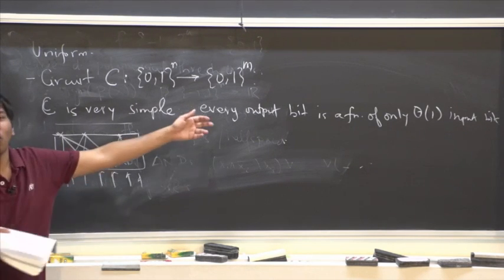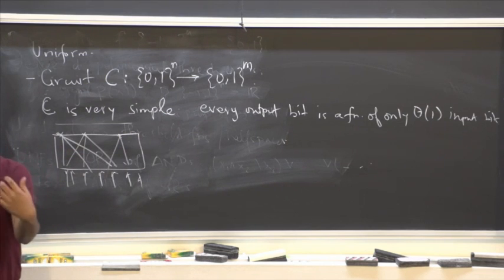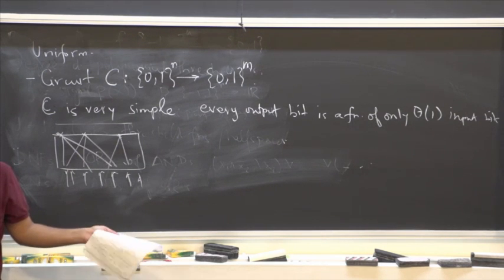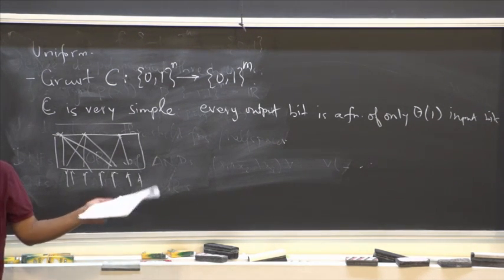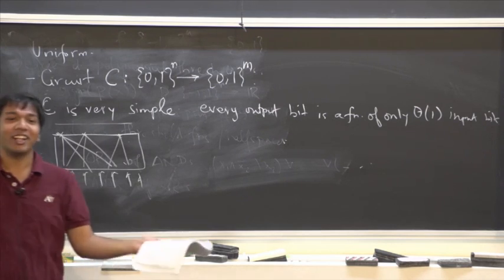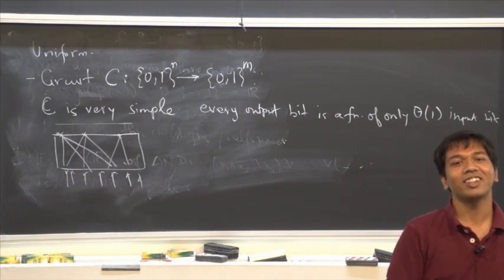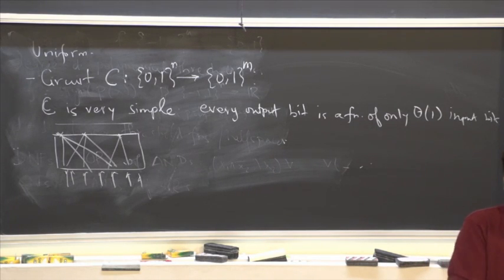It's a function of only order 1 input bits, let's say 3 input bits. So any kind of gates is fine, like AND, OR, and NOT. Well, it's only a constant number of input bits. You can simulate anything by the other with a constant overhead, so it doesn't matter really.